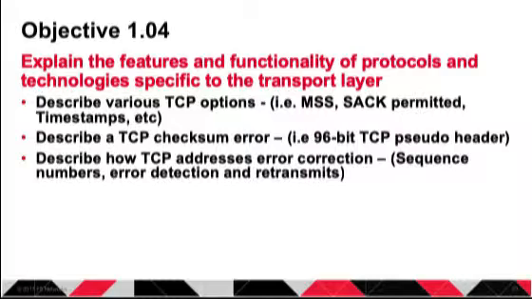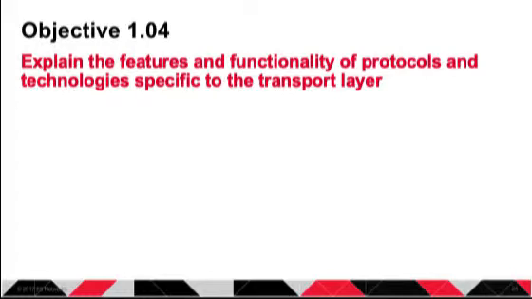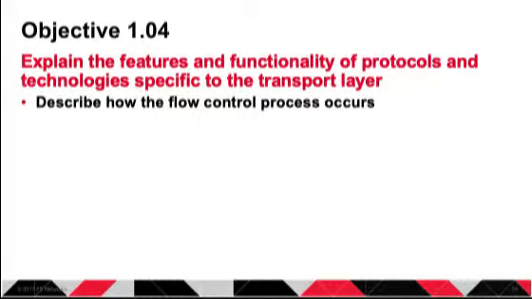This helps with error correction in the network, and makes the protocol what it is today, which is reliable, compared to UDP, which just sends the data and doesn't care if it ever makes it to its final destination. We won't ask you about calculating sequence numbers because that's an algorithm-based function, and there's no way you could really do that in your head on a test. Just understand what they do, which is probably the level you need to understand.